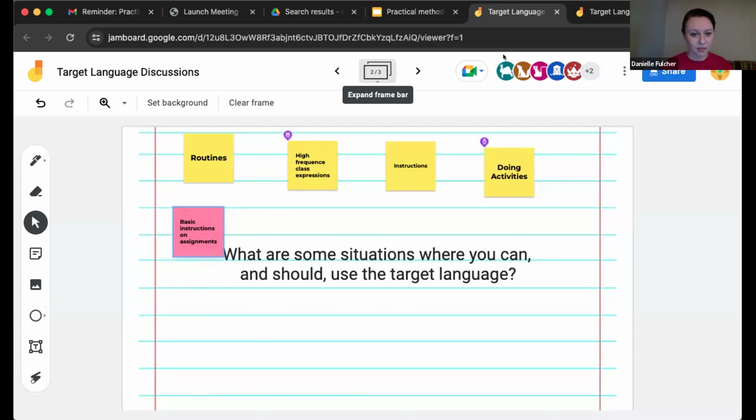High frequency class expressions, yes. So things that you're going to hear in a classroom, like, can I go to the bathroom? You can do that in the target language, yes. Doing activities with the students when you give those verbal instructions, yes, that's a great way to do it.